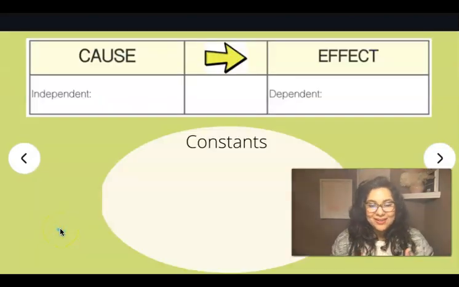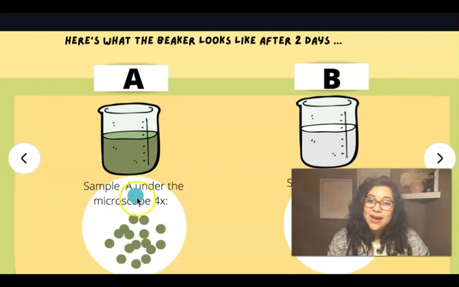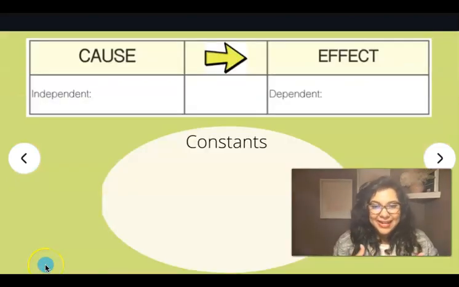Now, what is the dependent variable or the results, right? So we look back at our data and the results were the amount of algae that grew, okay? So that is our dependent or our effect, how much algae grew. And last but not least, let's look at our constants.